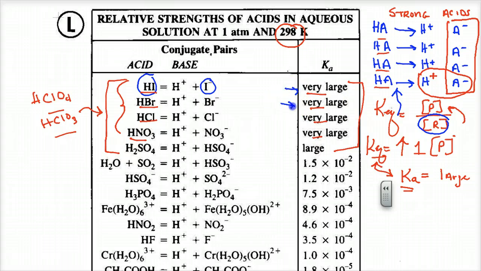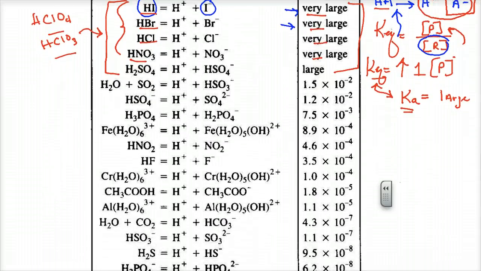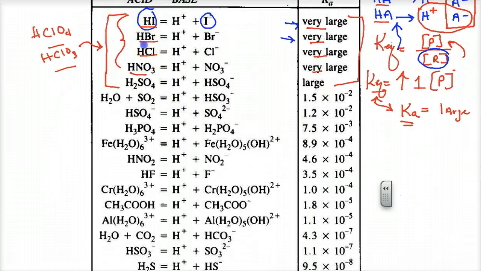They're just incredibly large. Now again, products over reactants, when it comes to an acid-base reaction, let's do HCl here. It would be products, the H plus times the conjugate base, Cl negative, multiplied by, well, let's do the reaction first. I guess I'm kind of doing both in my head.